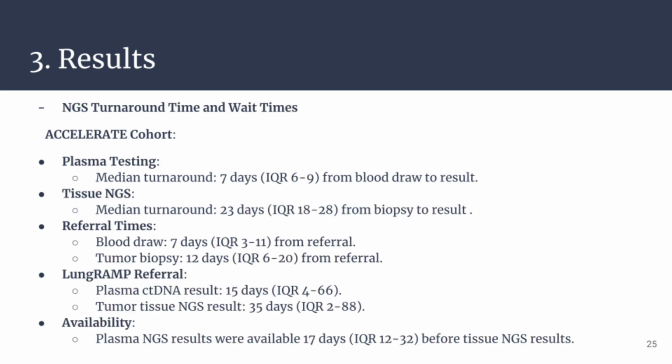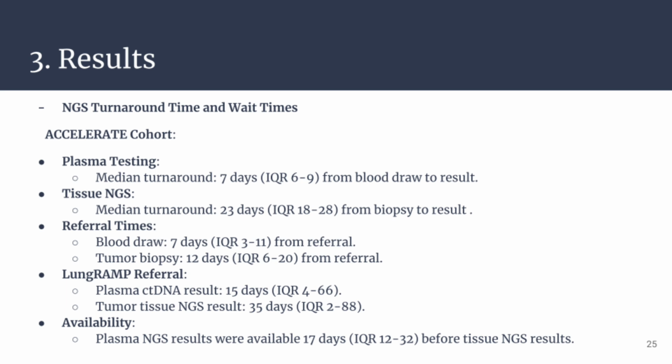In the accelerated cohort, the median turnaround time for plasma testing was 7 days, significantly shorter than the 23 days for tissue NGS. The time from referral to blood draw was also shorter at 7 days, compared to 12 days for tumor biopsy. The median time from lung referral to plasma DNA result was 15 days, while it was 35 days to the tumor tissue NGS result.